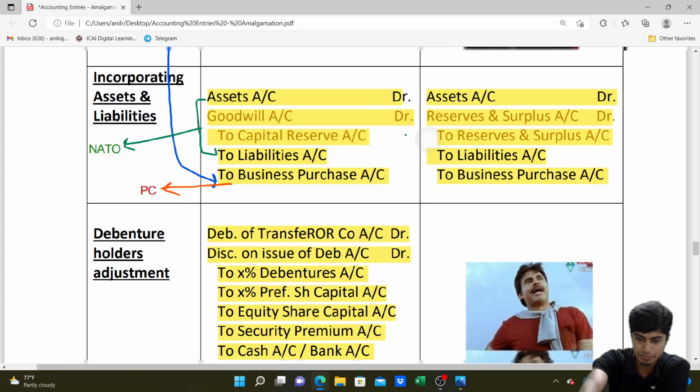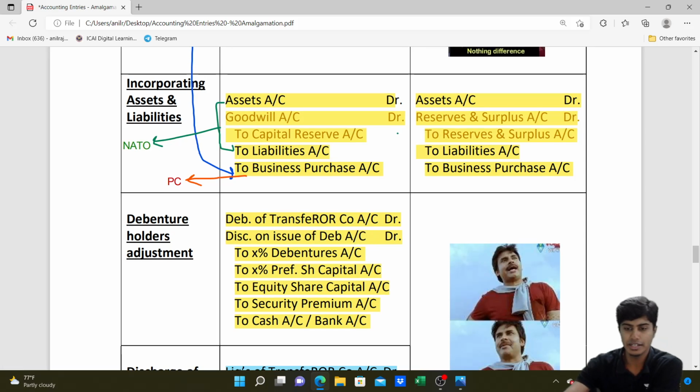Along with the entry for settling debenture holders. I hope you took the note of these two entries.